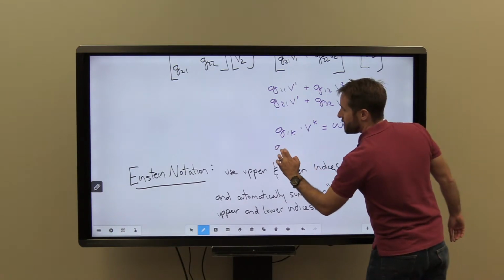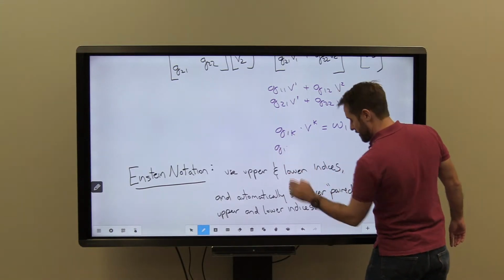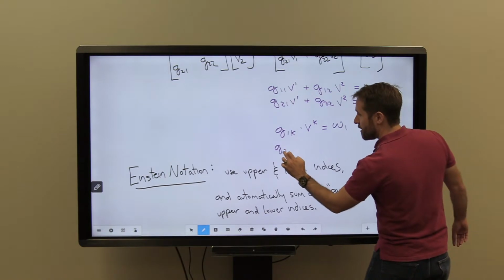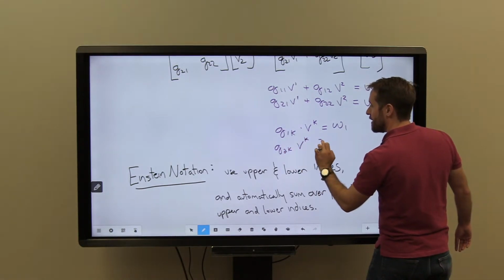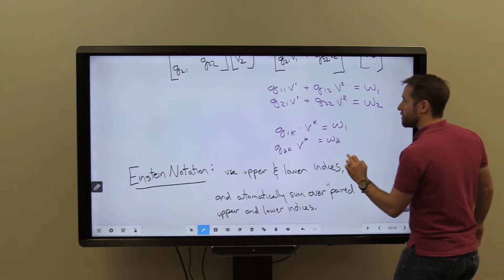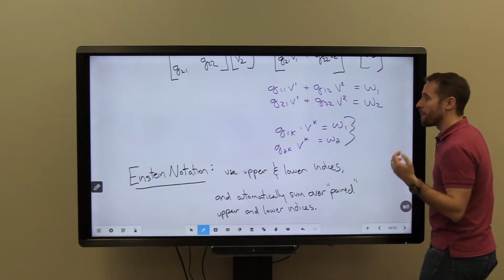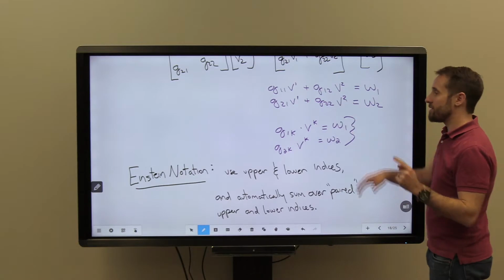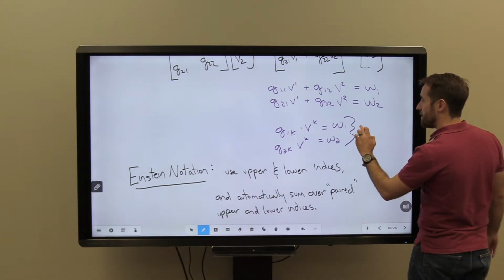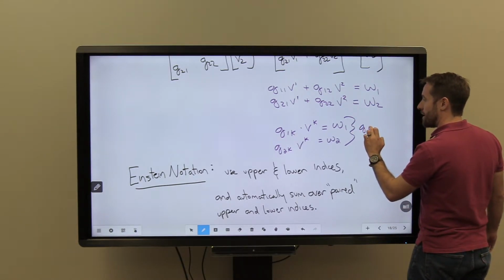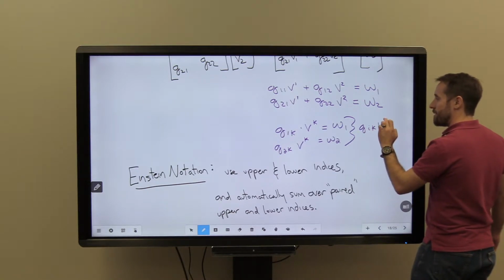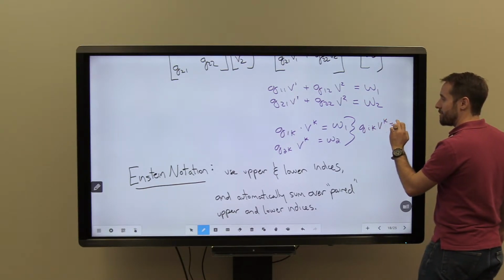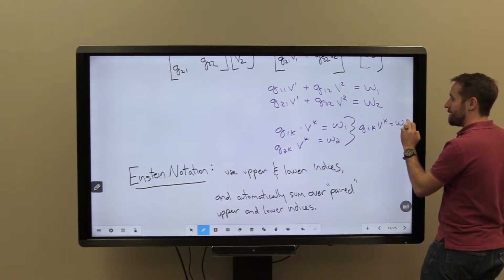Similarly, I could say that G2K times VK equals W2, and taken together, I could simply describe all of this using the very short formula GIK VK equals WI.